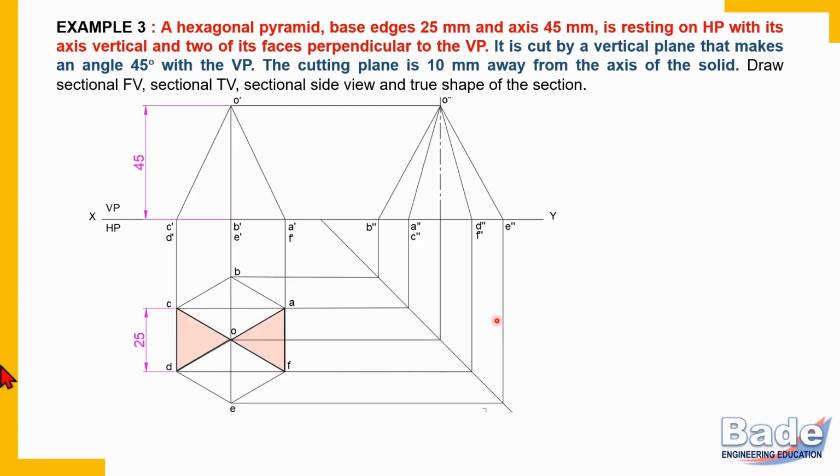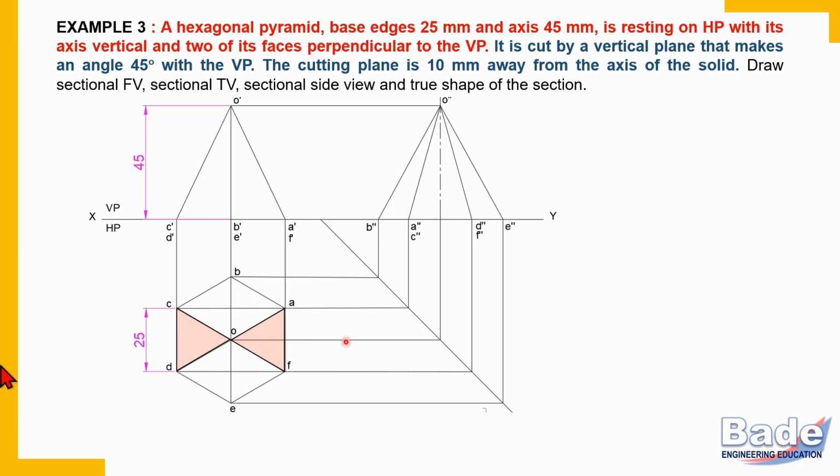Now, is it correct position? Check here. In the problem, it is mentioned that two of its faces are perpendicular to the VP. Pyramids have triangular faces. It is hexagonal pyramid, so it has 6 triangular faces. So out of these 6 faces, 2 of its faces are perpendicular to the VP. So watch this face AOF, this triangular face, and also focus on this triangular face.